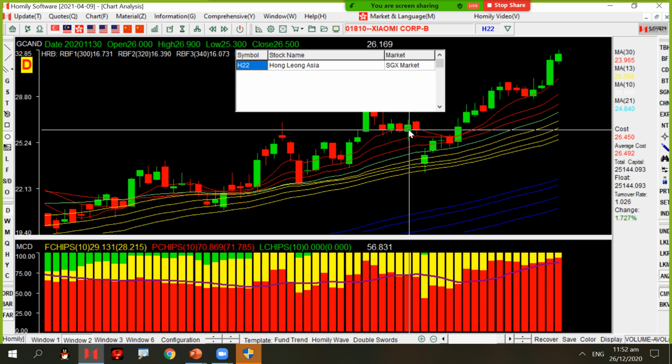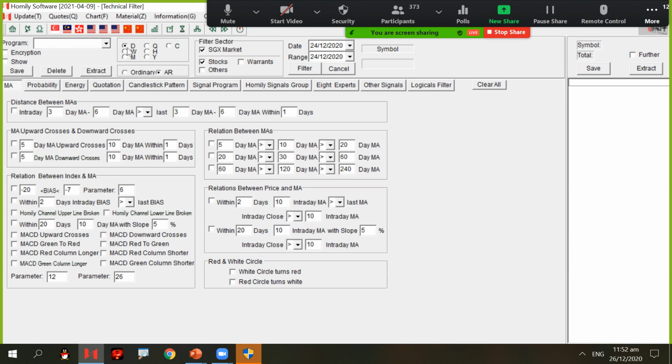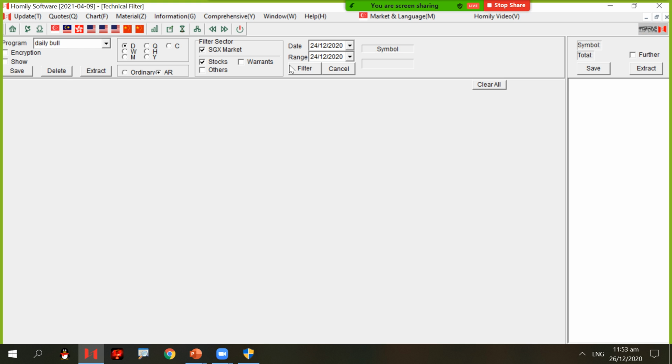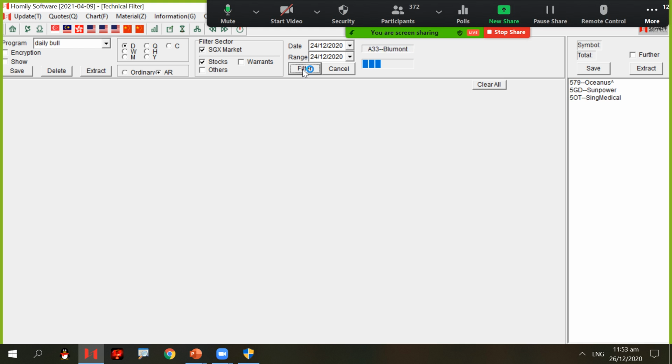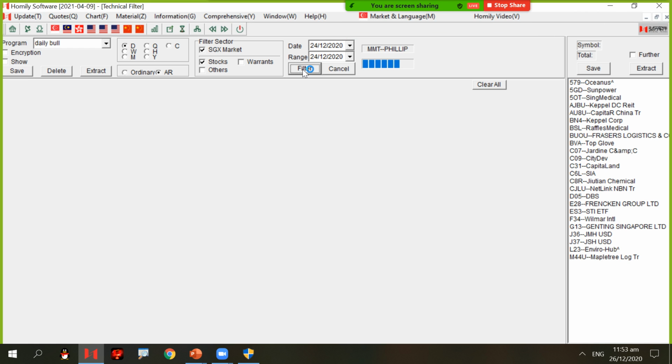For the Singapore market, I use daily bull. I change the standard. You see, I show you. Every day I just use this one to get a daily bull. Then you will know which one is good. No need to waste your time. Some very penny stock, very bad stock never appear here.